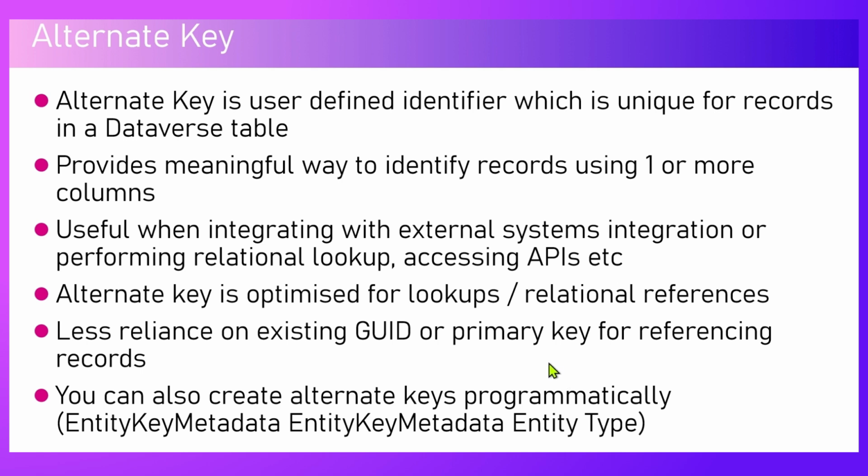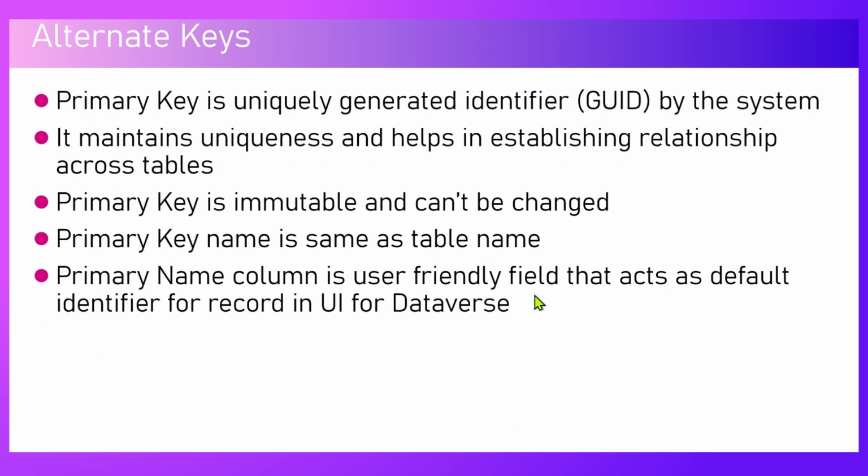You can also create alternate keys programmatically by using entity key metadata entity types. The primary key is a uniquely generated identifier by the system. It maintains uniqueness and helps in establishing relationships between tables.